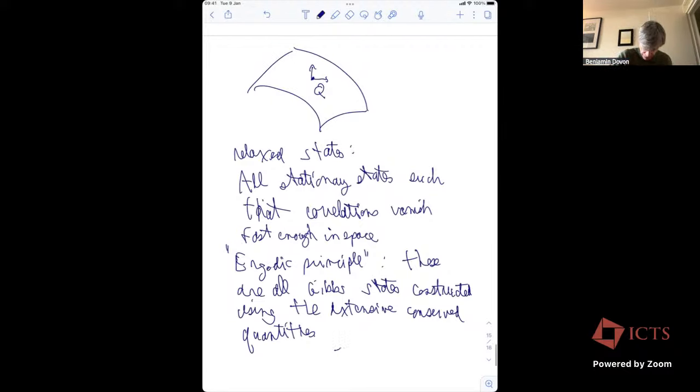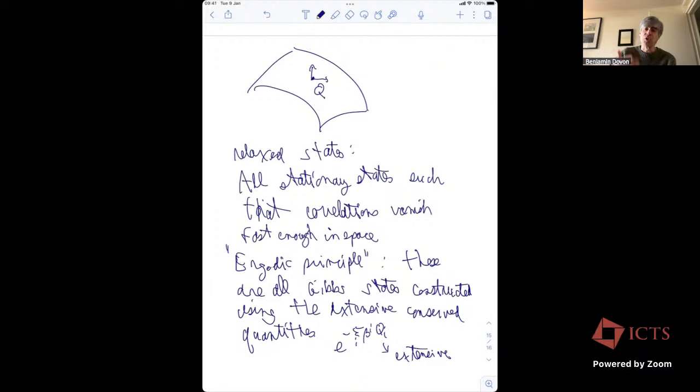So exponential of minus the sum over i of beta_i q_i, with q_i being extensive, means that the state constructed out of this Boltzmann weight has decaying correlation. There's a connection between extensivity of a conserved quantity and decay of correlation functions.